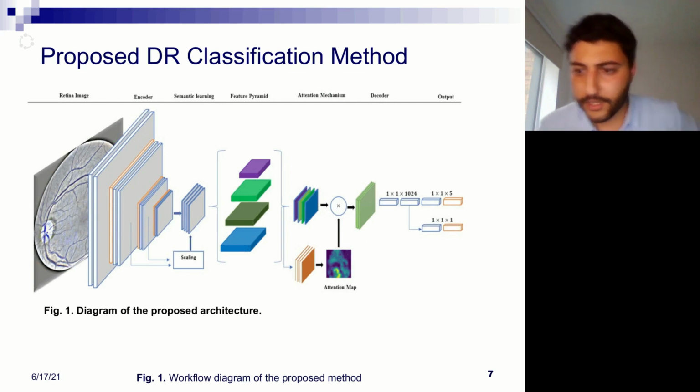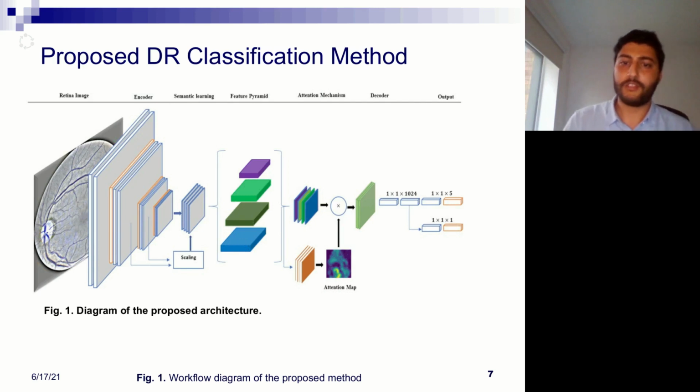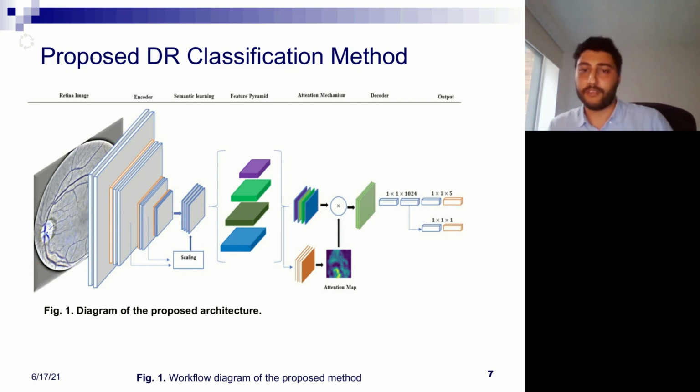Here, as you can see, is the proposed deep learning model in our research. It consists of different layers like any other model. Obviously, the first thing is we feed the pre-processed image into an encoder to represent it at different levels.